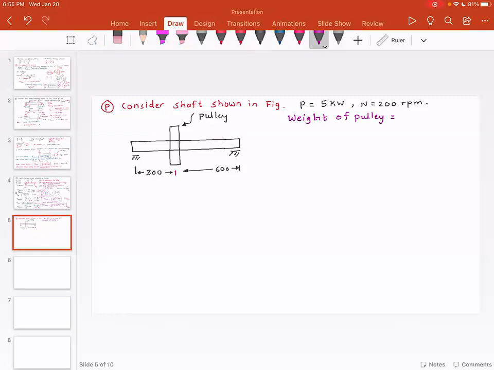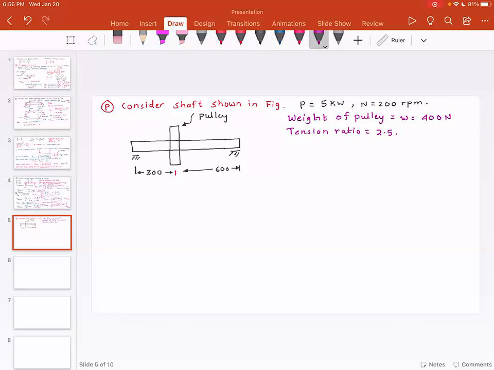The weight of the pulley is given as W. For power transmission, the tension ratio is equal to 2.5, and the weight is 400 Newton.